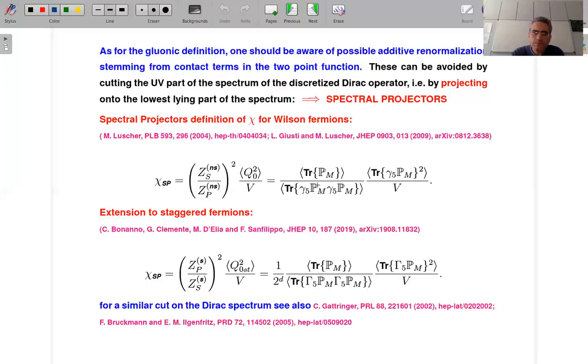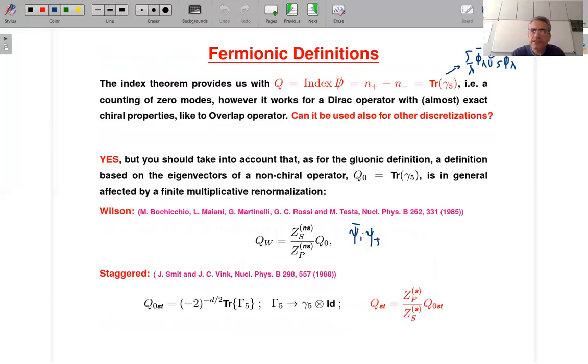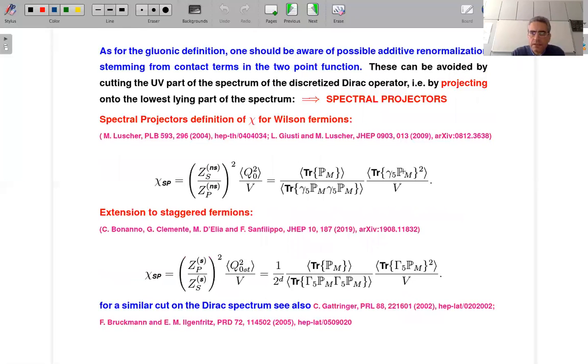Okay, and basically this trace of gamma 5 over this projector is something like taking this trace but summing over lambda less than this cutoff mass M. Okay, and the other contributions come from the renormalization factors.